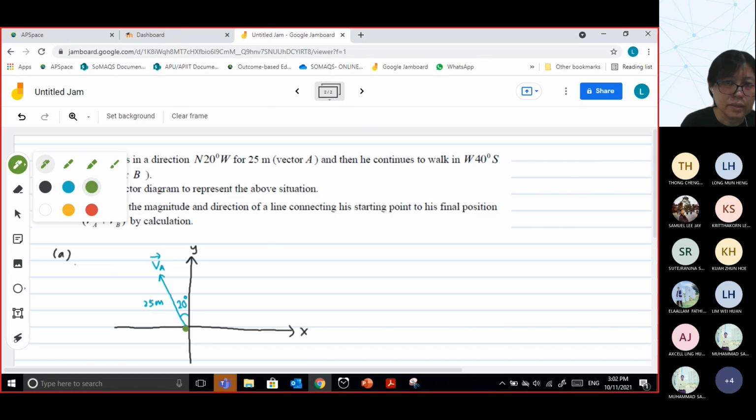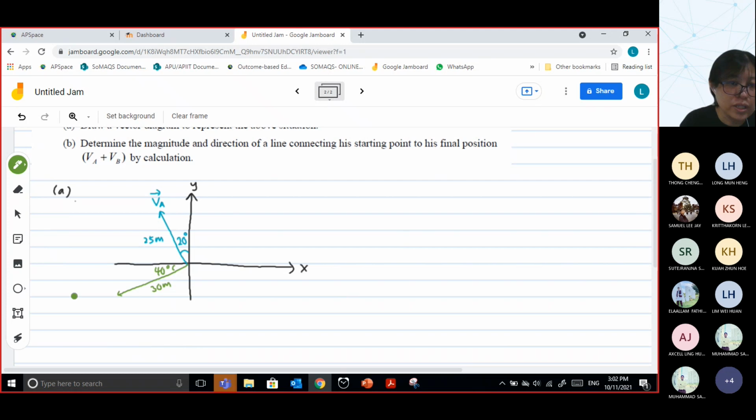West 40 degrees south. So let's say 30 meter. Here is 40. So 30 meter, right? Then VB.